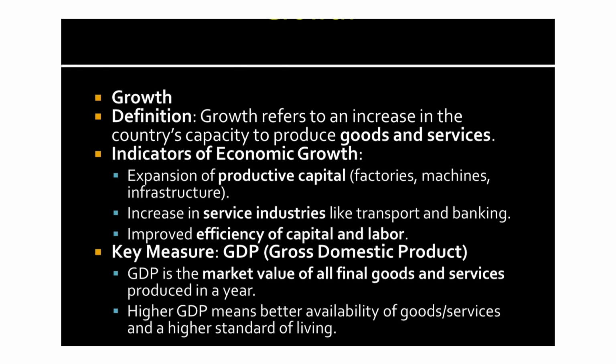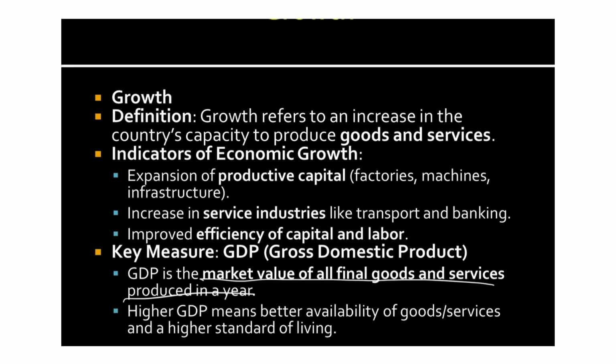And the key measure is gross domestic product. As we all know, it is the market value of all final goods and services produced in a year. Now GDP is explained elaborately in the chapter on national income, and I will surely share the link in the description box.